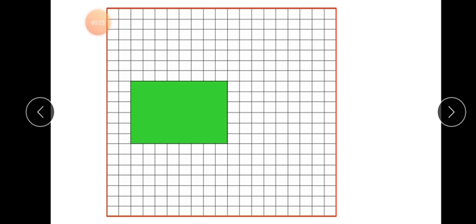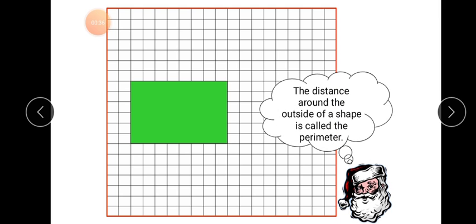So let us have a quick recap of what we have studied about area and perimeter. As you can see in this diagram we have one green colored rectangle. The distance around the outside of a shape is called perimeter.